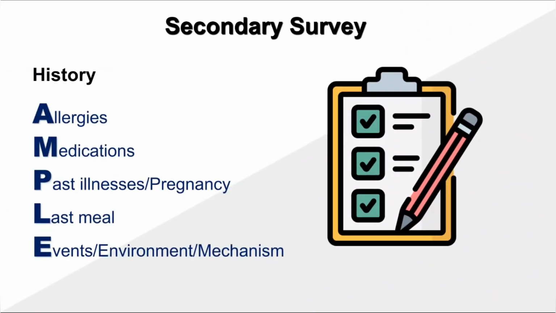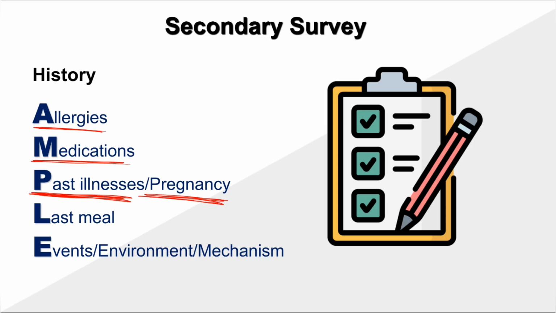What do we mean by AMPLE history? A stands for allergy. If the patient is allergic to any medication. M is medications that they are already using, because they may have an impact on the injury. For example, the patient is using a diuretic, an antiplatelet, anticoagulant, beta blocker. P is past illness that influences the management of the patient, and pregnancy.